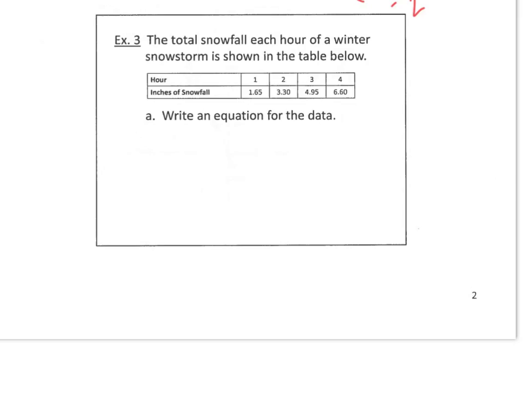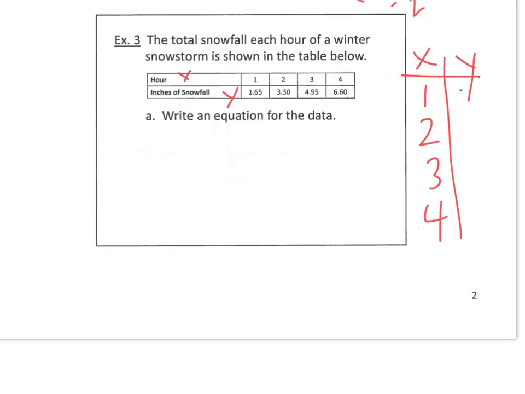All right, so I'm going to rewrite it real quick over here to the right because I prefer mine to be vertical. So this is my hours, remember? Hours are time, so I'm going to label that X, and the snowfall is Y. So first hour 1, 2, 3, 4, and then inches 1.65.